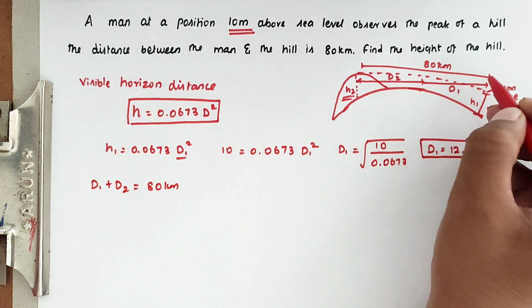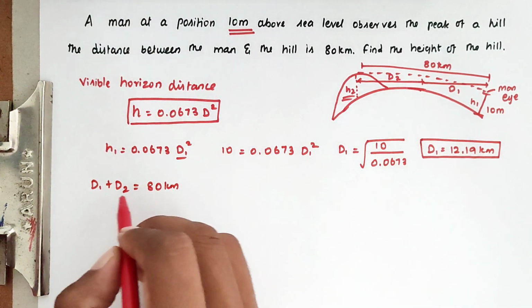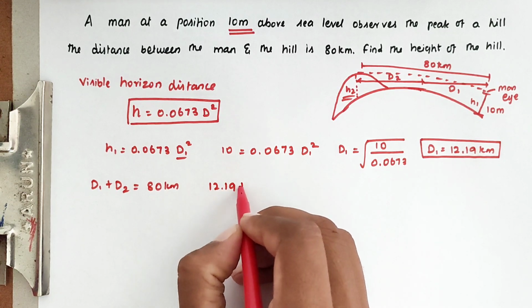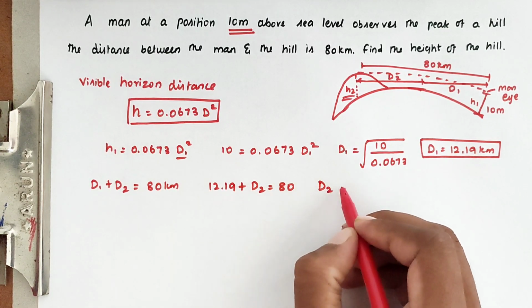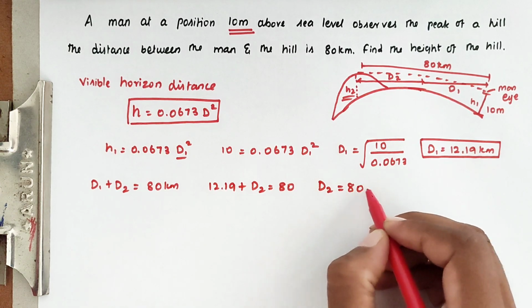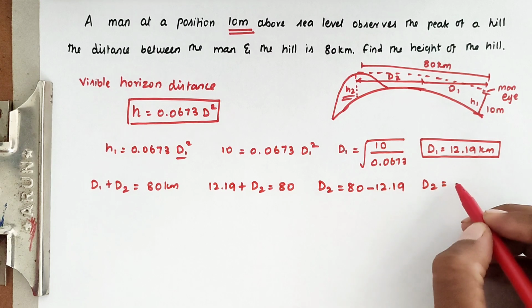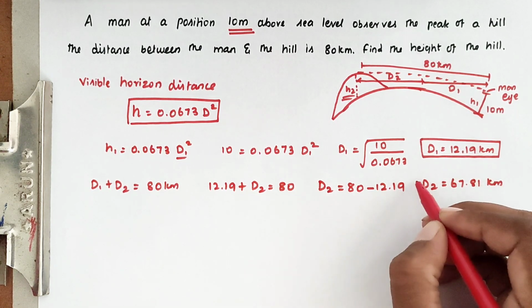Now we can substitute the d1 value here to get the value of d2. So 12.19 plus d2 equals 80 kilometers, so d2 equals 80 minus 12.19. Now d2 is 67.81 kilometers.